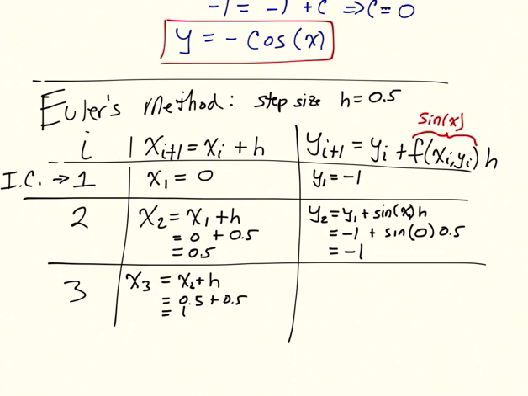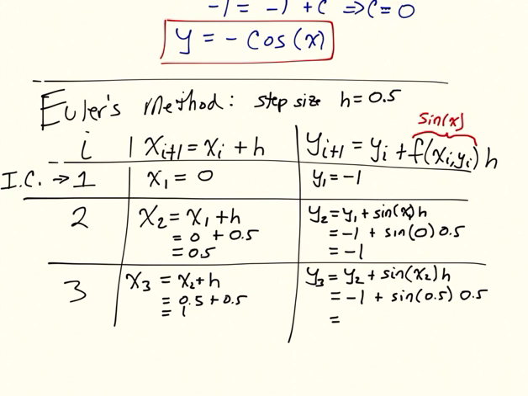And over here, we have y3 is equal to y2 plus the sine of x2 times h, which is equal to our previous value for y2, minus 1, plus the sine of our previous x value, which is 0.5. And this is all multiplied by h, which is 0.5.